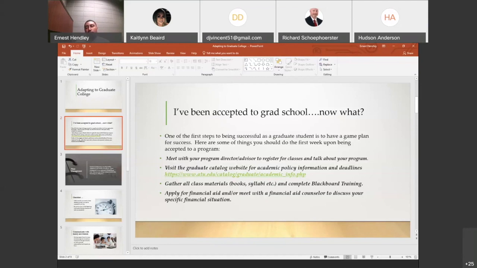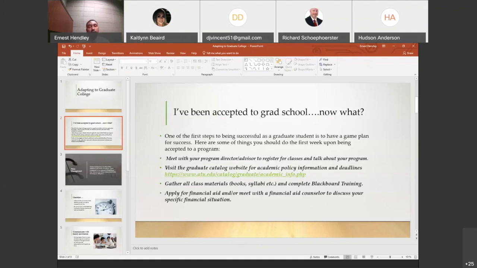No different than the undergraduate experience, graduate college has some very specific deadlines that refer to things such as graduation, applying for graduation, applying for candidacy, things in terms of research that you will have to participate in if you're in a thesis or dissertation based program, comprehensive exam deadlines if you're in a program that requires that.